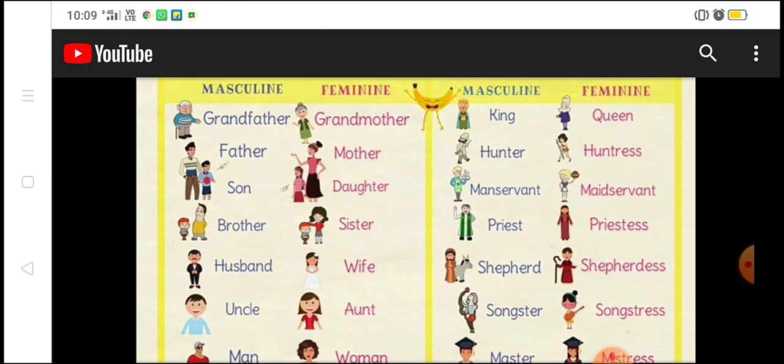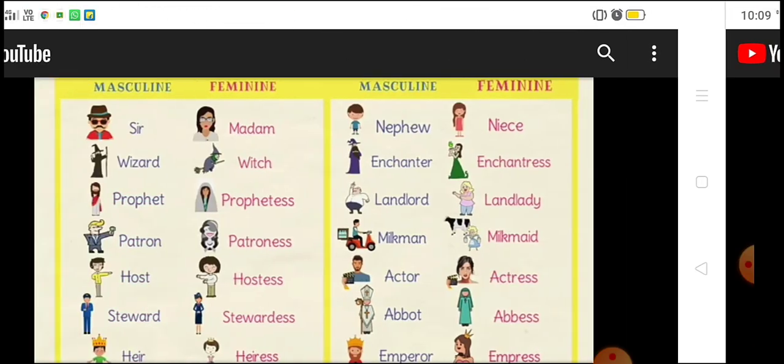Father, the opposite gender is mother. Grandfather, grandmother; father, mother; son, daughter; brother, sister; husband, wife; uncle, aunt; man, woman; king, queen; hunter, huntress; manservant, maidservant; priest, priestess; shepherd, shepherdess; songster, songstress; master, mistress.